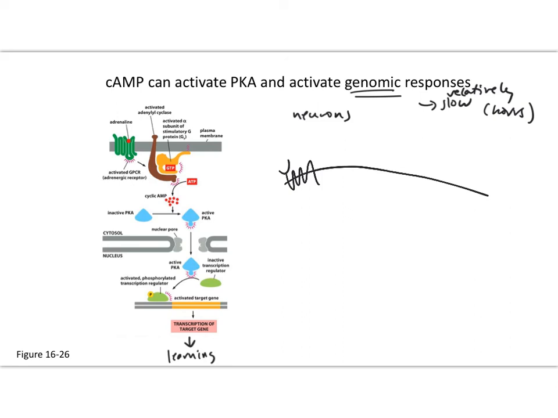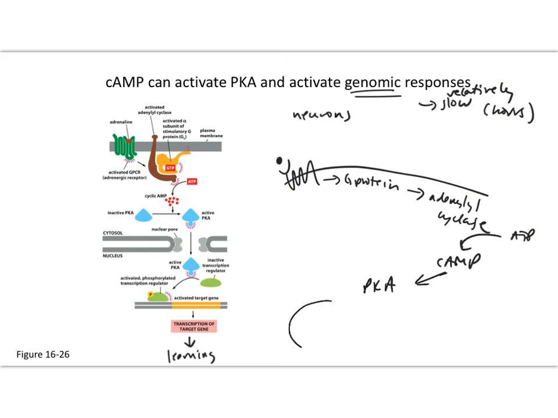So there's our GPCR bound to adrenaline. Again, it's going to activate the G protein, which then will activate adenylyl cyclase. ATP is converted into cyclic AMP, our second messenger, which then can activate PKA. PKA then will enter the nucleus and it can encounter some transcription factors and phosphorylate them.